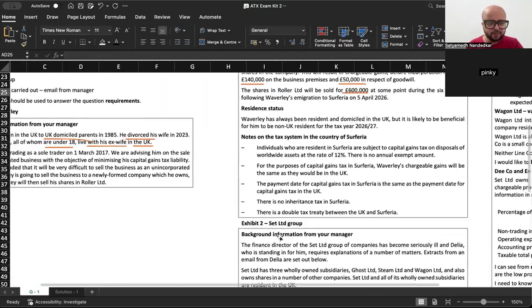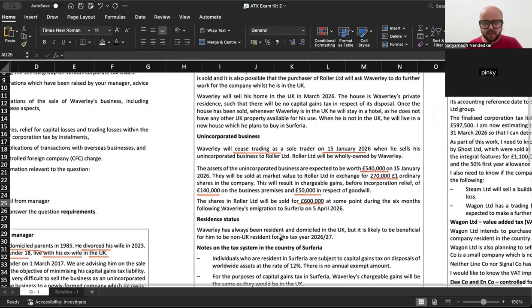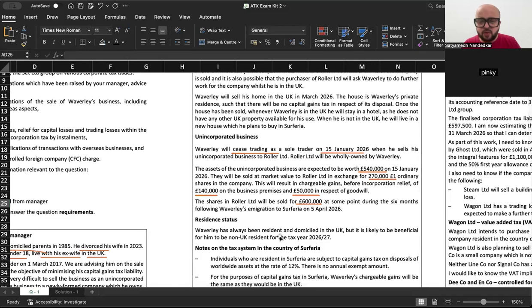Now look here. Waverley ceases to be a sole trader on 15th of Jan 2026. Let's assume that he is a resident in the country only at this time. First of all, let's talk about the sale of the unincorporated business to Roller Limited. When you transferred the unincorporated business to Roller Limited, chargeable gains before incorporation relief are 1,40,000 on business premises and 50,000 in respect of goodwill.